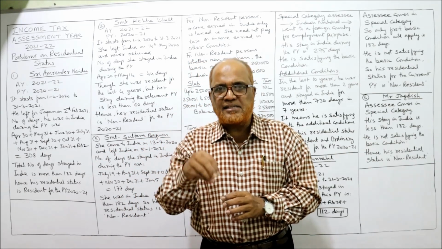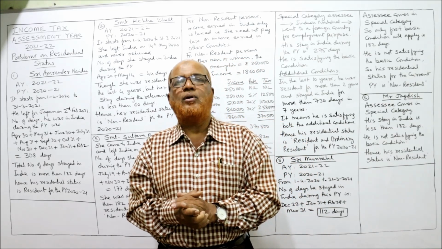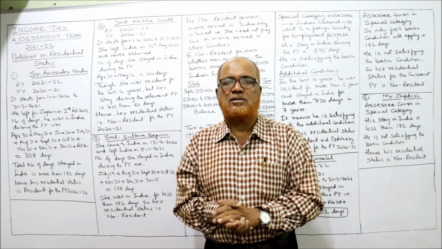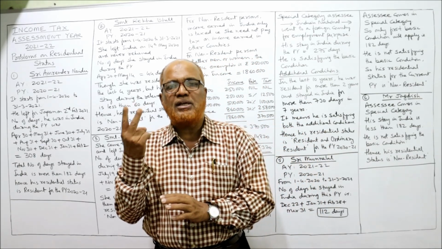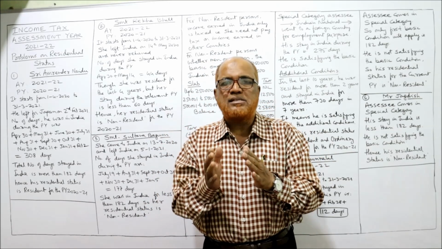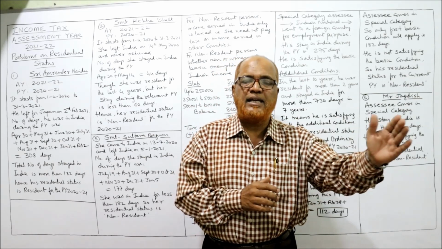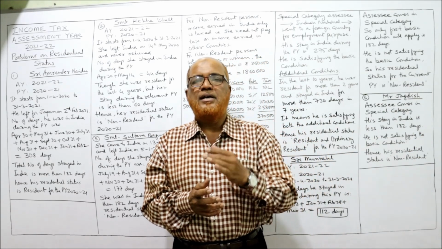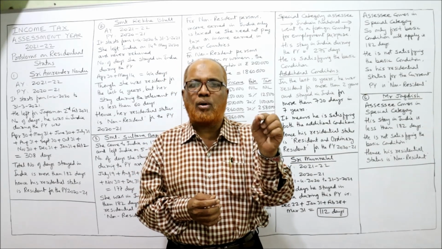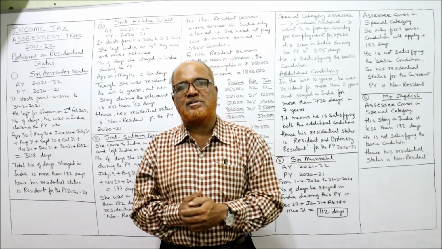If a person is a resident, that means he is satisfying any one of the basic conditions, then we have to check whether he is ordinary resident or not ordinary resident. For that purpose, two additional conditions are there. The first additional condition: he should be a resident in at least 2 out of 10 previous years preceding the current previous year. The second additional condition: he must stay in India for 730 days or more during the 7 years preceding the current previous year.